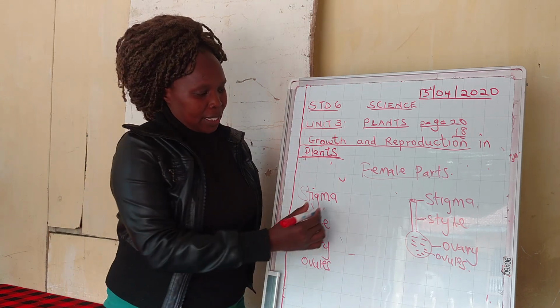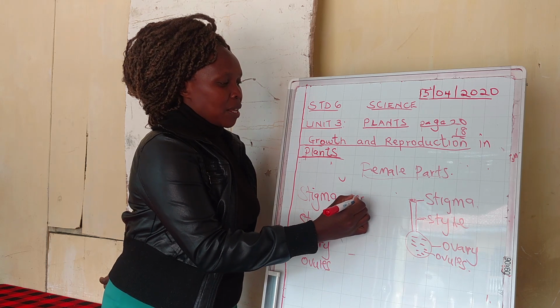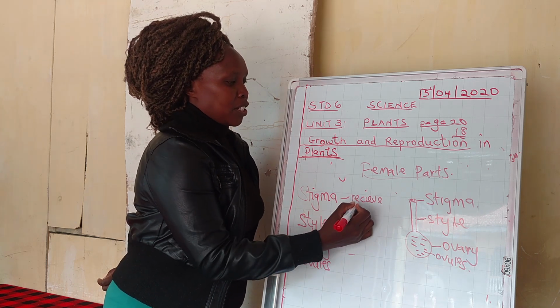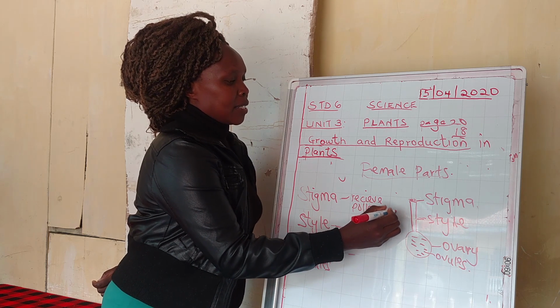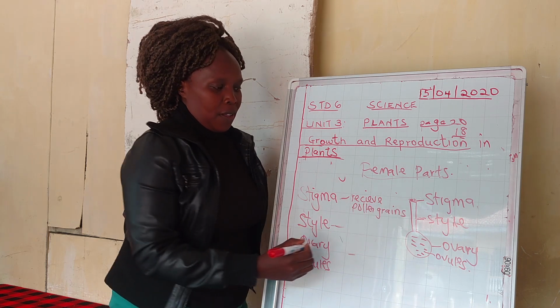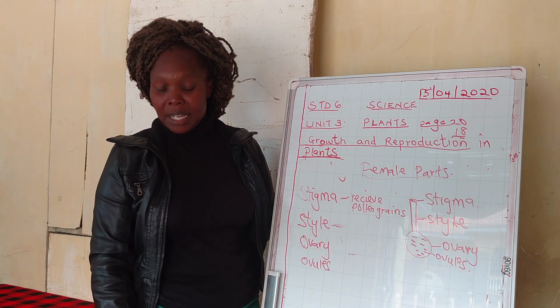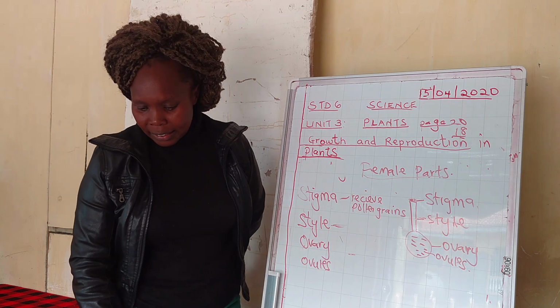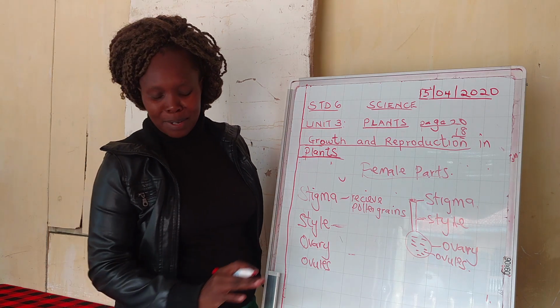What about the style? We have said the stigma receives pollen grains. And what about the style? The style holds the stigma in place. It also links the stigma to the ovary.